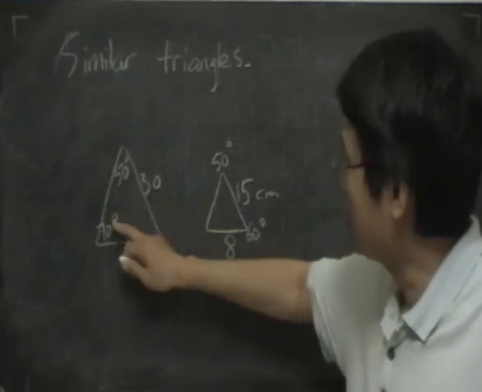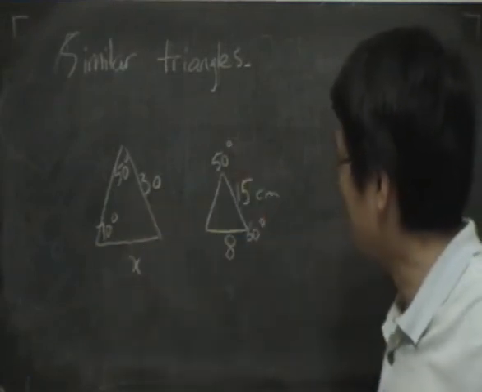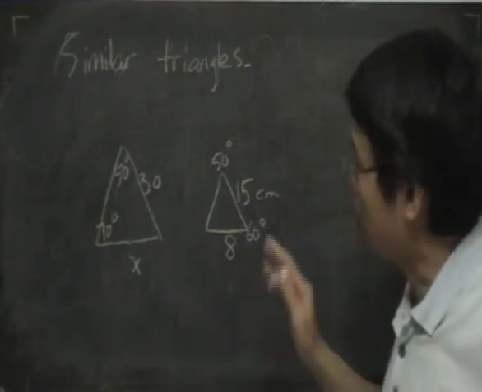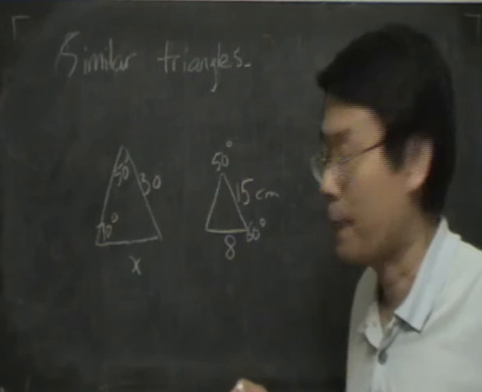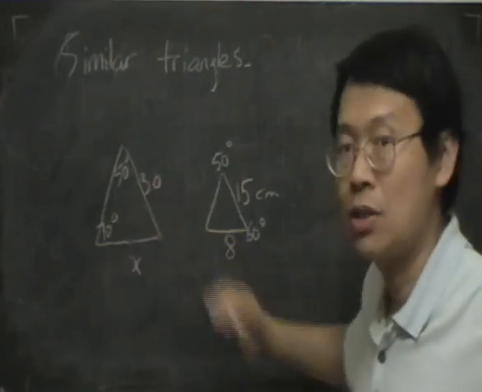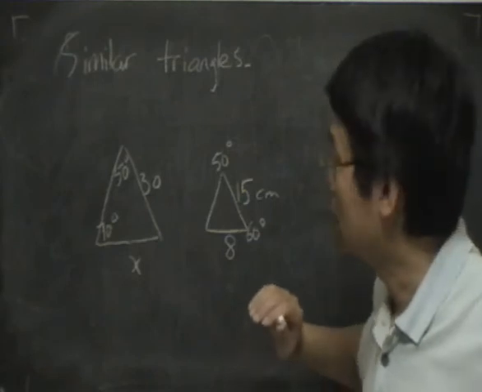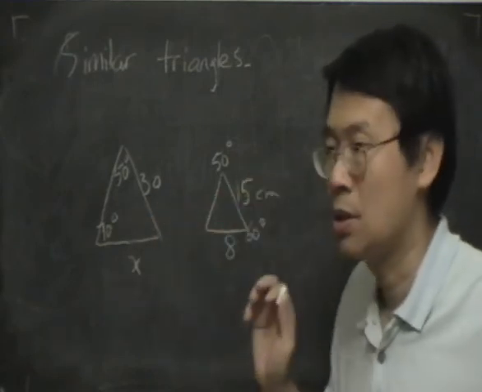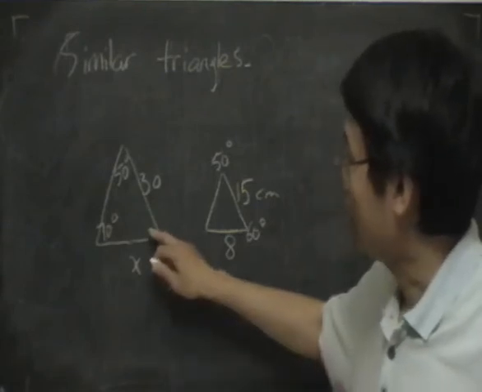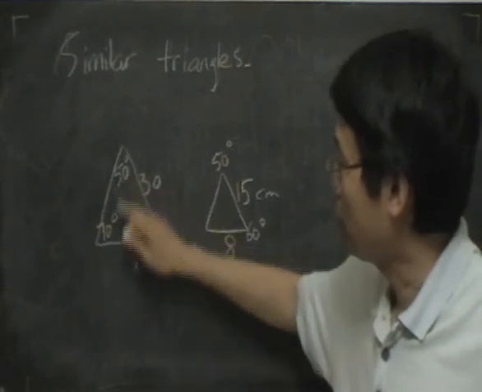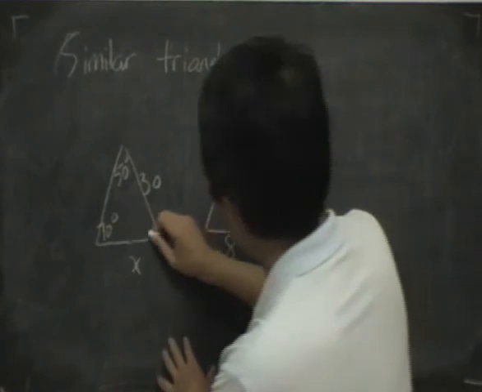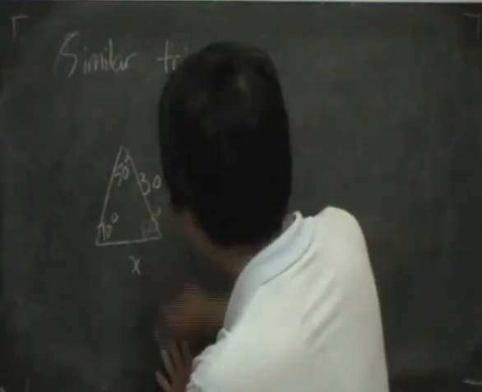We know 50 and 70, we know 50 and 60. We don't actually know all the angles, but we could find the remaining angle, okay? Because the sum of all three angles is 180 degrees. So I can find this by subtracting 50 and 70 from 180 degrees, and if I do that, I will get 60 degrees.